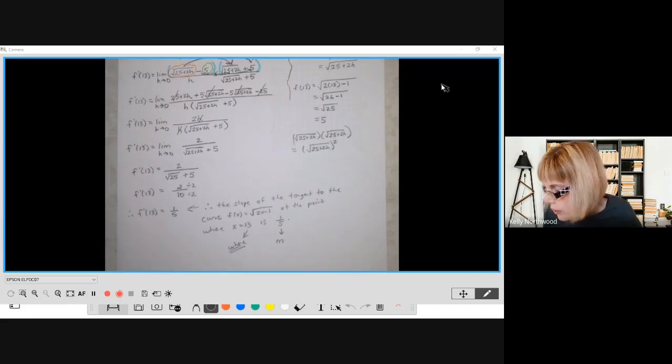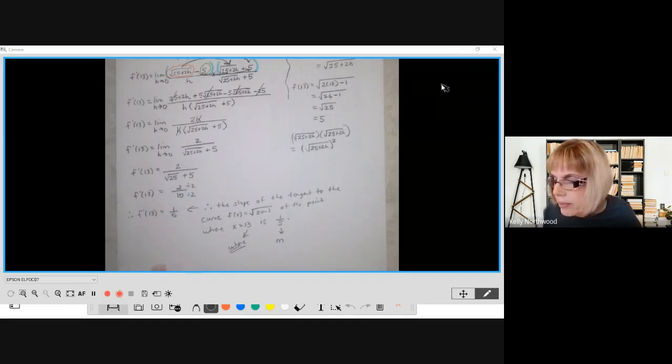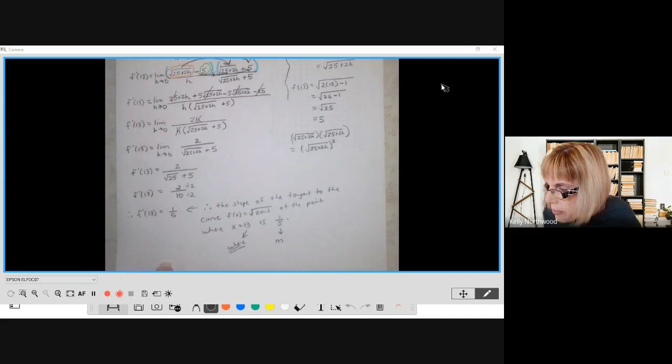Also, just for you guys, I will take pictures of these and post the lesson notes in case you miss something and you look back at your notes and you think, oh, how did I get from this step to this step? You can go back and look at our version we did together.